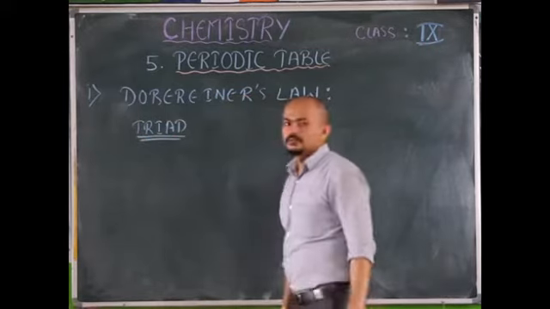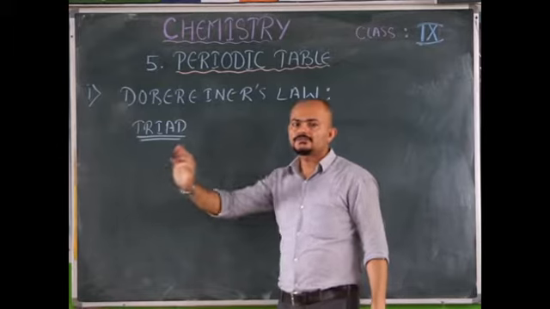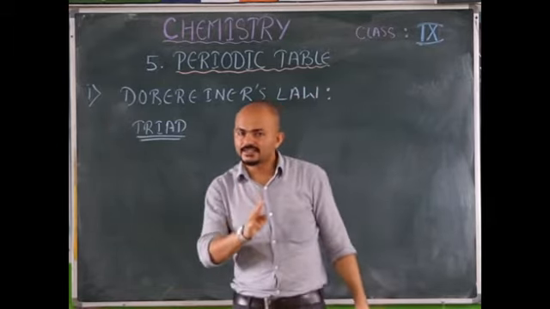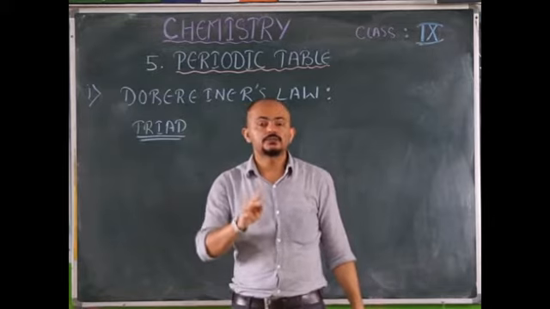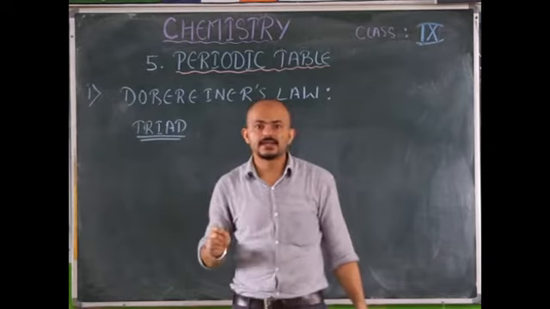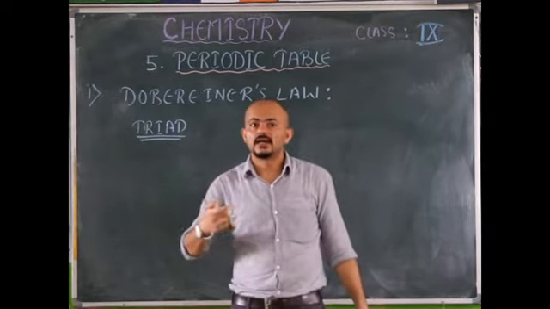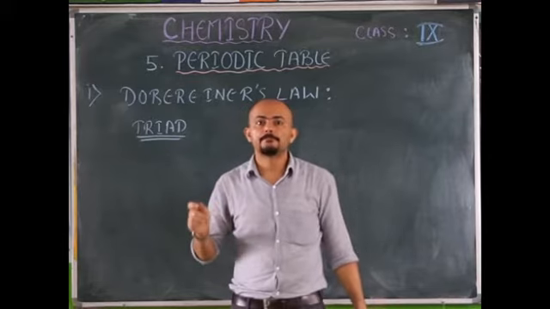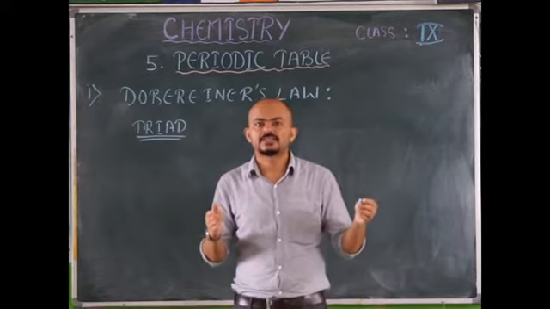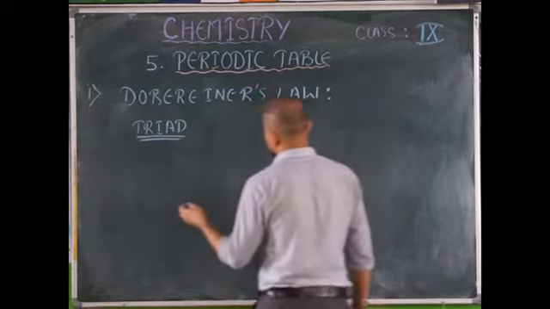According to him, if there are three elements and their properties are similar, then you will be able to find the atomic mass, please remember, atomic mass of the middle element by the help of the arithmetic mean, that is the average of the other two atomic masses of the elements. For example, when I give you an example, it becomes more clear.